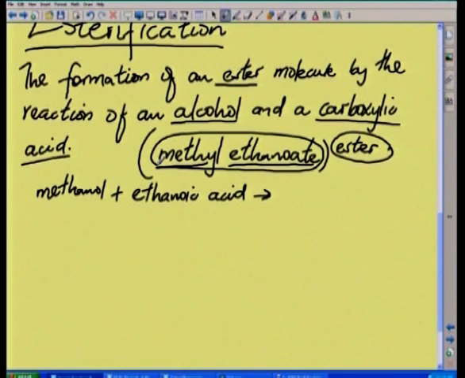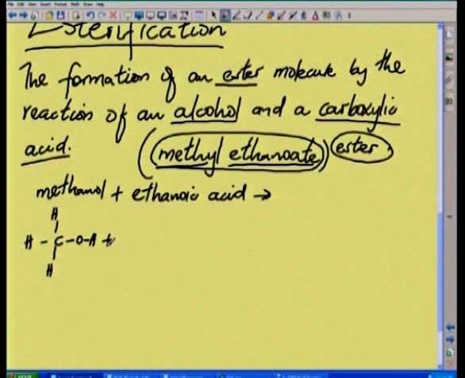How does that happen? Let's have a structural formula here. So methanol will simply be this one. You add this to ethanoic acid.